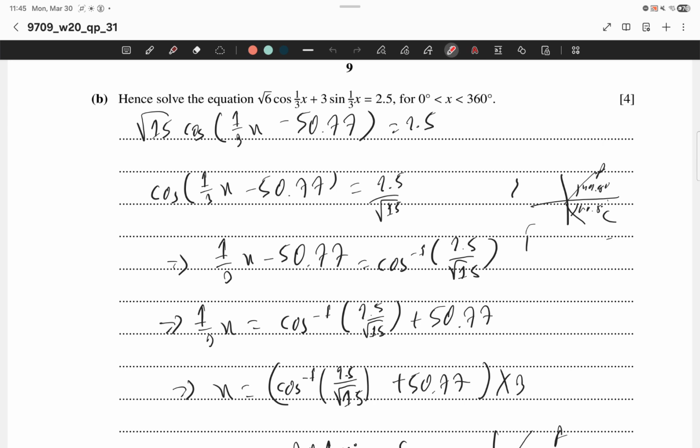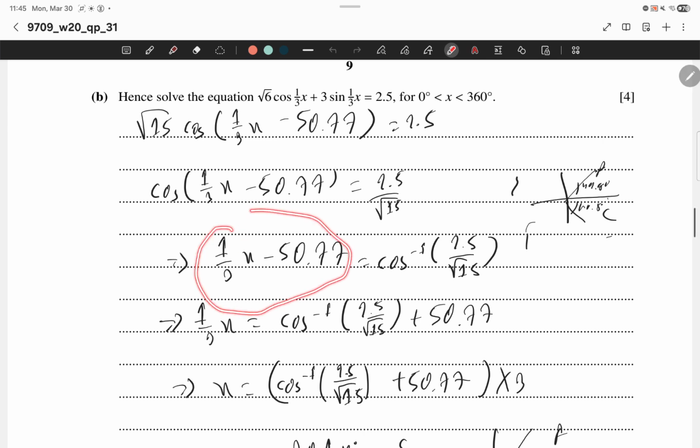So what happens is, we have this equation and then we have this range. We need to input the value of 0 here and we will get negative 50.77, and if we input the value of 360 here we will get 69.23.